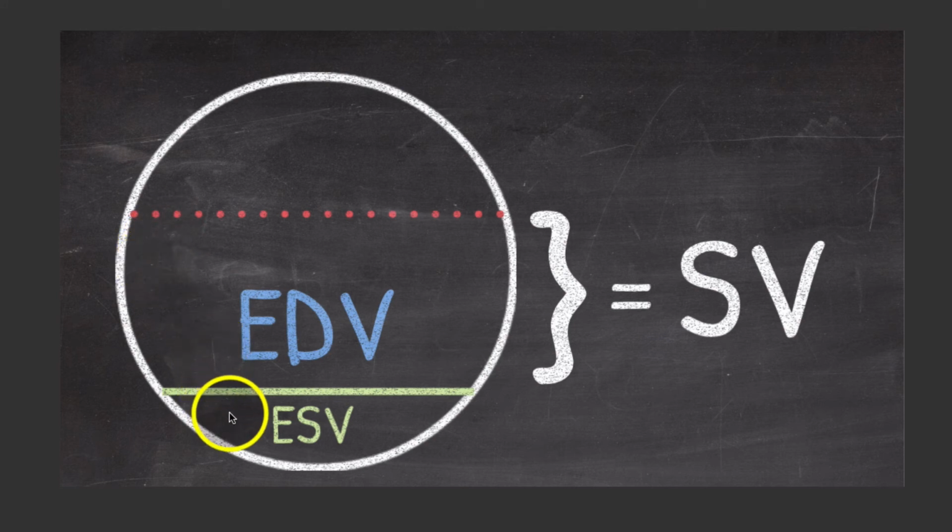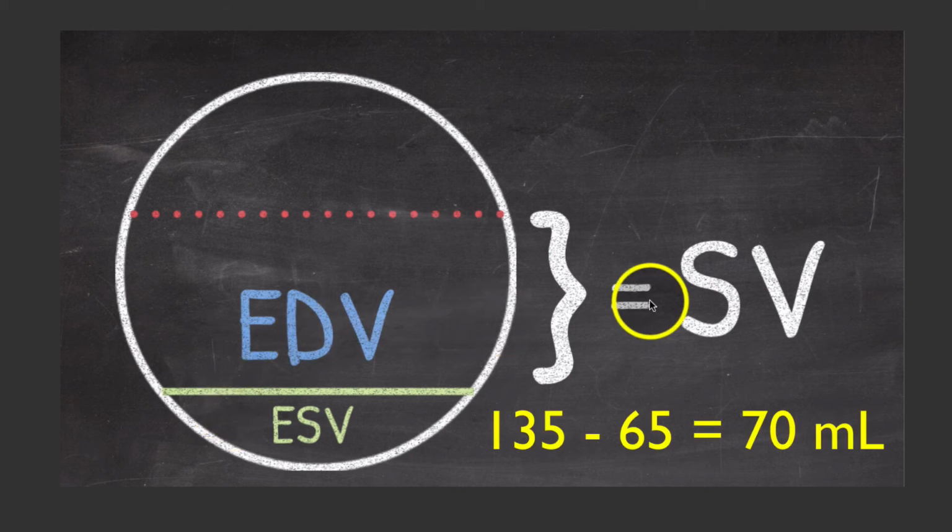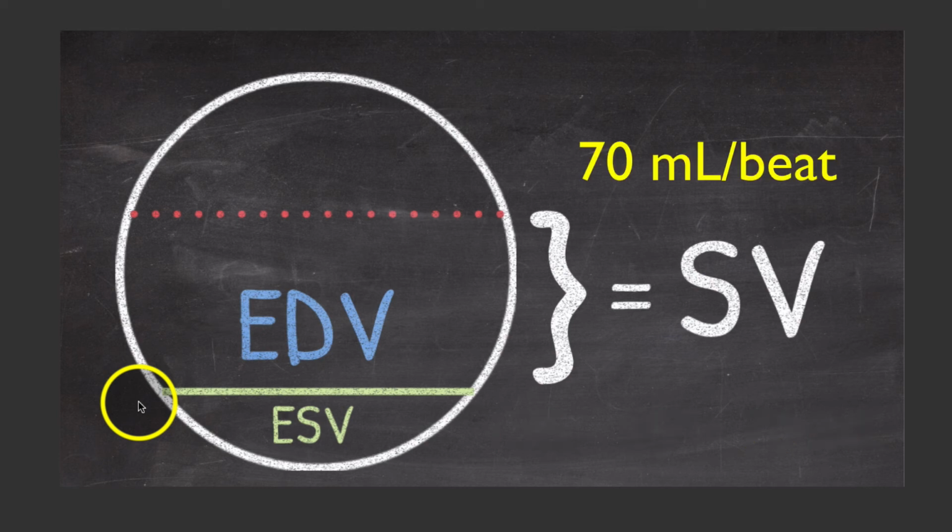And if we subtract what's left after contraction, that gives us the stroke volume, which would be 70 milliliters, a fairly typical stroke volume. Once again, stroke volume is the volume of blood ejected from one ventricle after one beat.